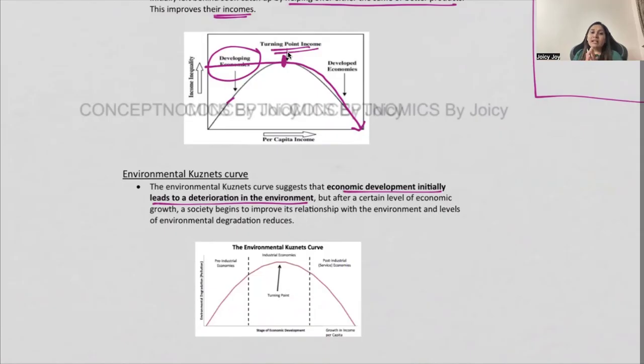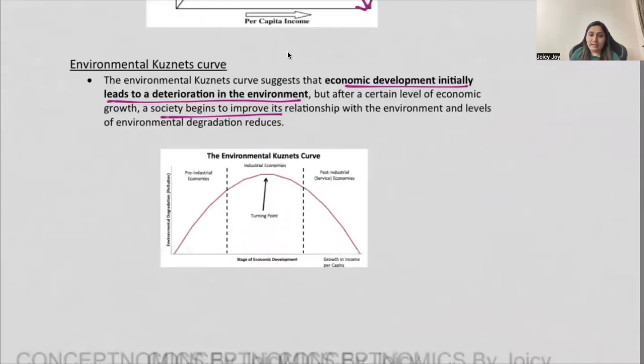That is, in the initial phases of development, the environment would be compromised, or the concept of sustainability and ecological balance would be compromised, but after a certain level of economic growth, the society will slowly start to improve its relationship with the environment, and therefore the degradation reduces. This is the environmental Kuznets curve.